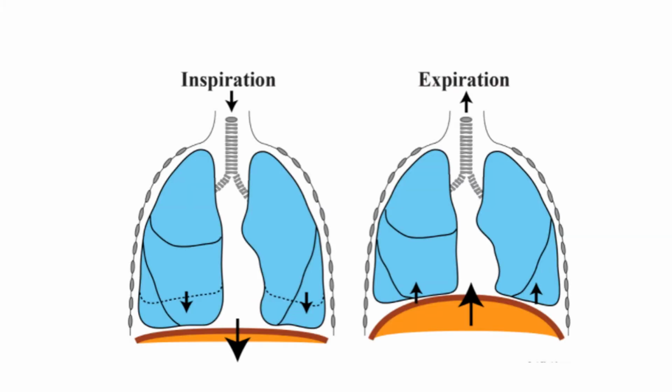See, during inspiration the diaphragm is moving down, that is, it is contracting. When the diaphragm contracts, it moves downward and increases the vertical length or diameter of the chest cavity. While during expiration, the diaphragm relaxes and decreases the vertical diameter.